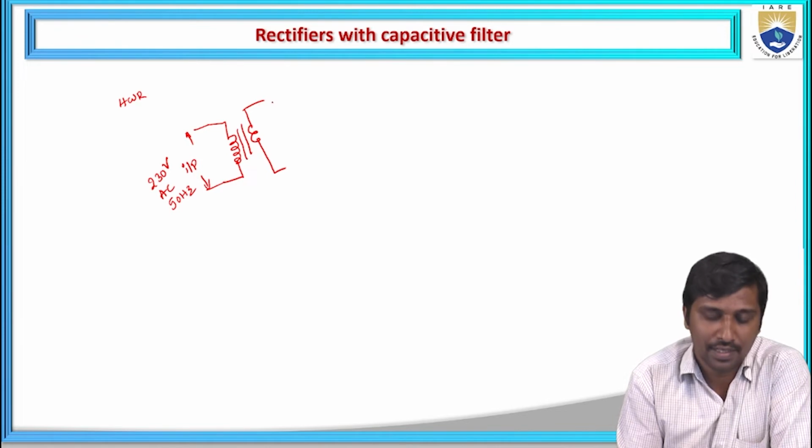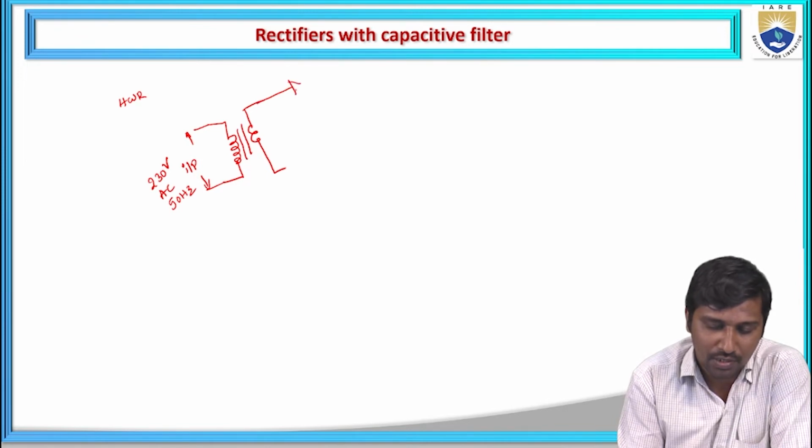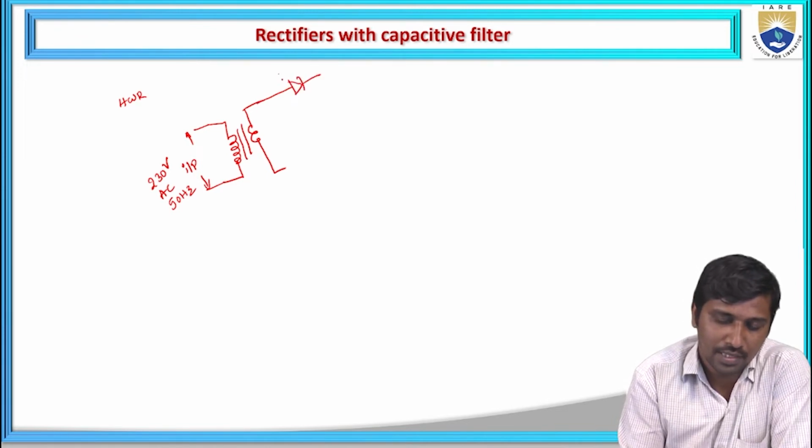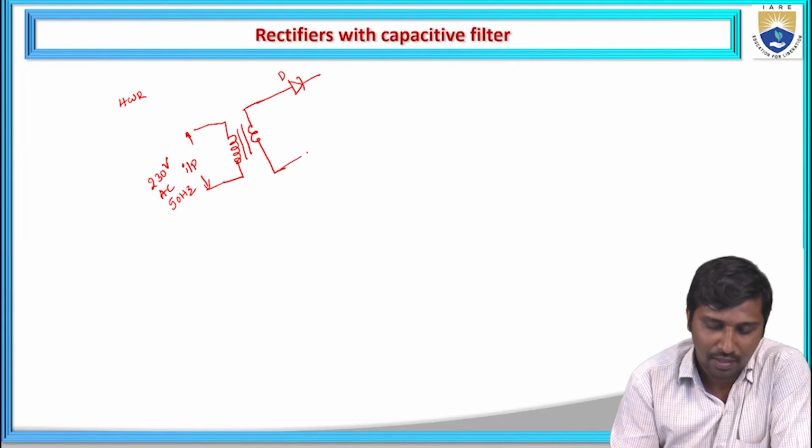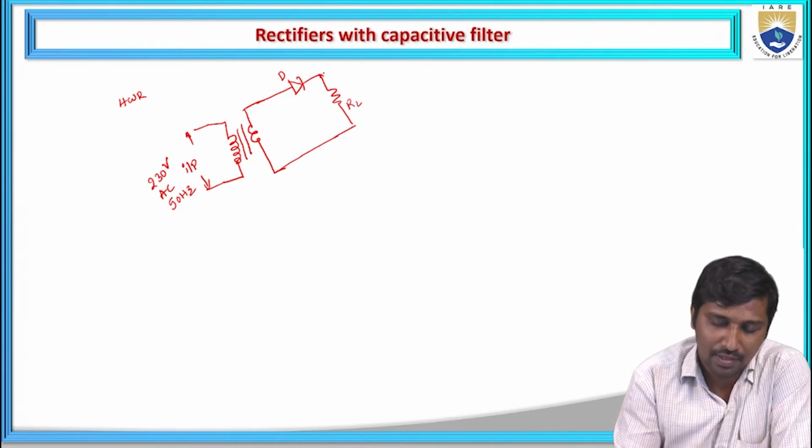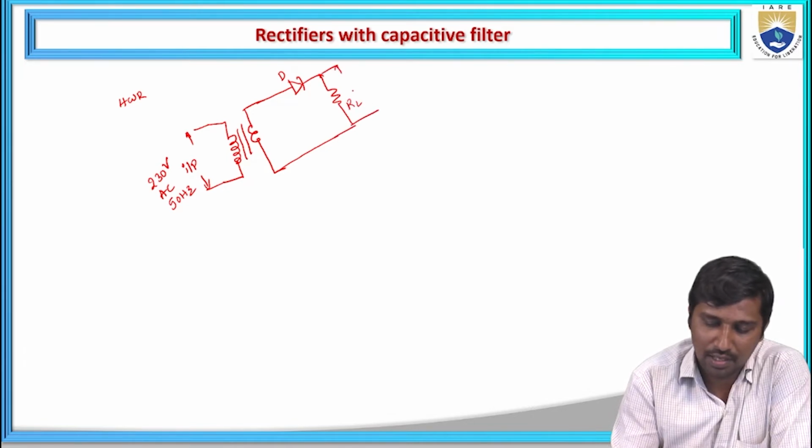The output of the secondary winding is passing through the diode. Let's take this as D. Then here we are going to connect a load resistance RL. Across this RL we are measuring the output voltage.